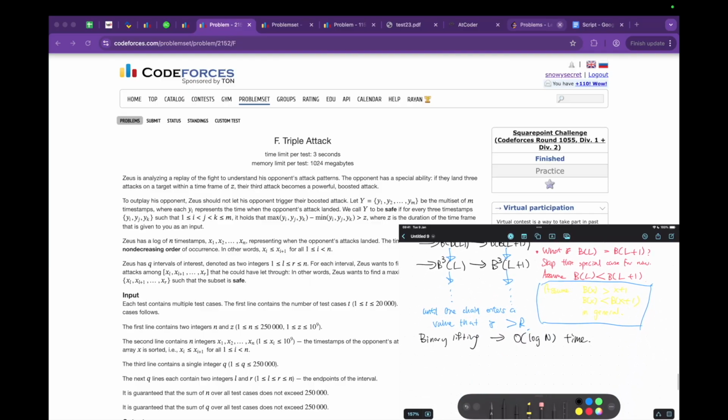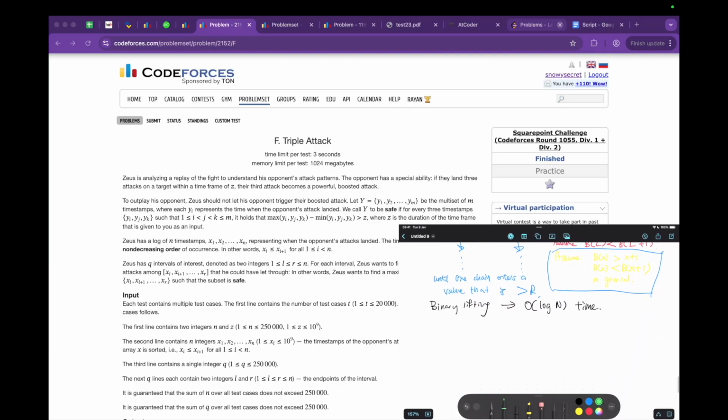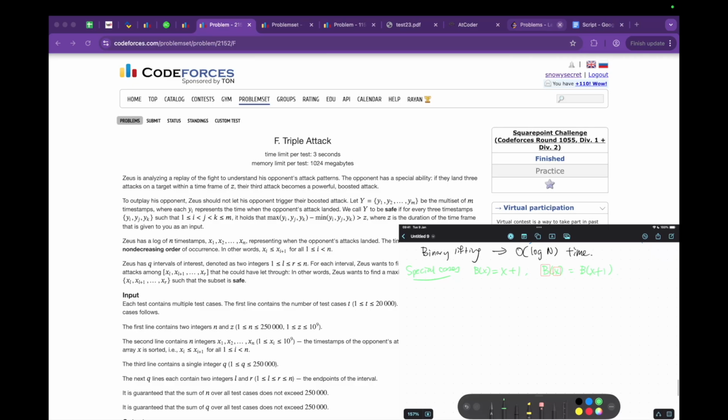So it remains to deal with these two special cases. We can consider, let's say the sequence currently is some elements followed by x and y, where x is the second last index and y is the last index.